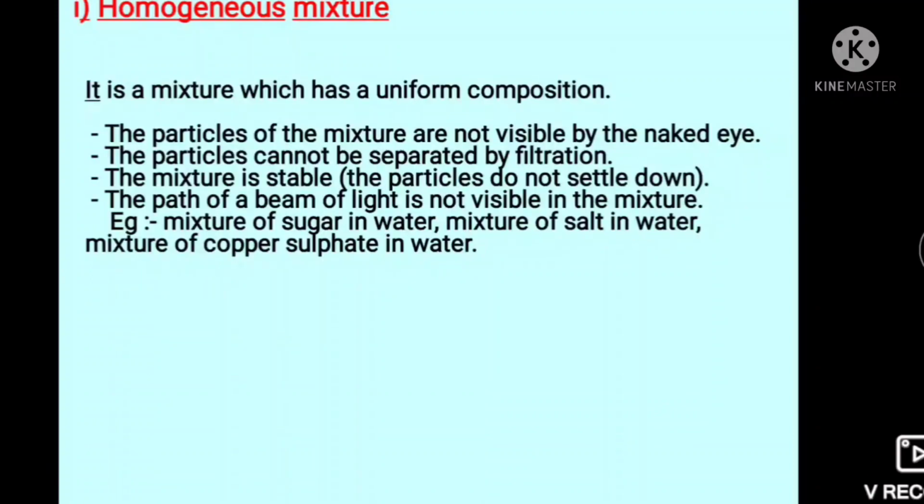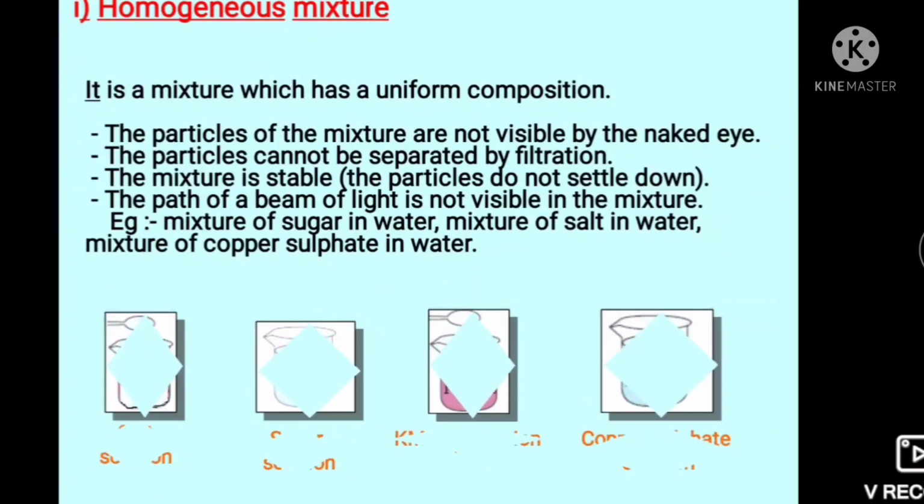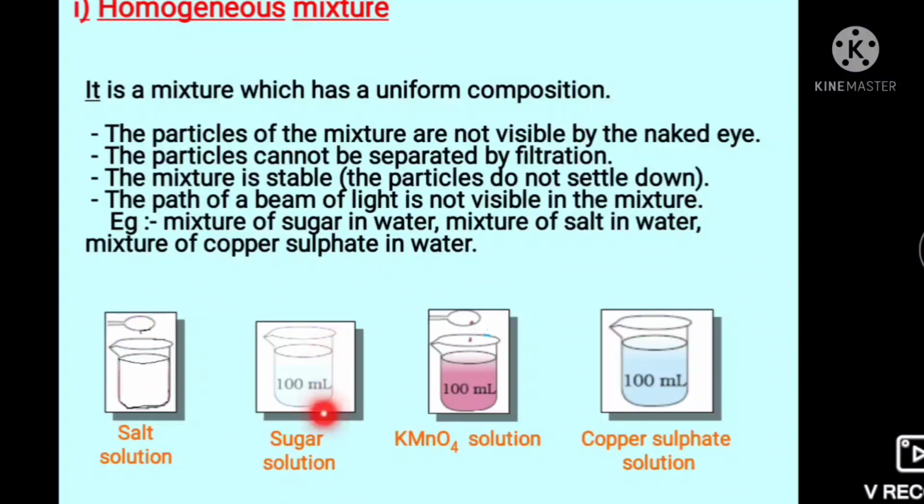A mixture of sugar in water is an example of a homogeneous mixture, because all the parts of the sugar solution have the same sugar-water composition and appear to be equally sweet. There are no visible boundaries of separation between sugar and water particles in a sugar solution.